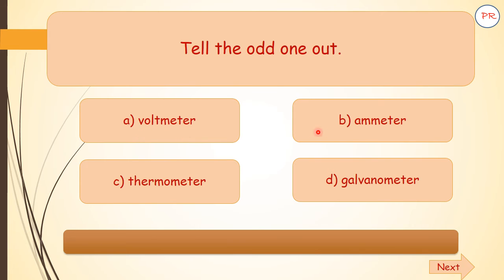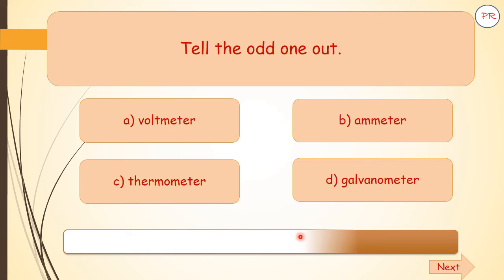A. voltmeter, B. ammeter, C. thermometer, D. galvanometer. Your time starts now. The correct answer is C. thermometer. See here, voltmeter, ammeter, galvanometer, all are used for electricity purposes, whereas a thermometer is used for measuring temperature. Therefore, thermometer is the odd one out over here.